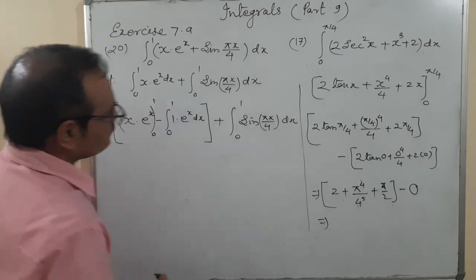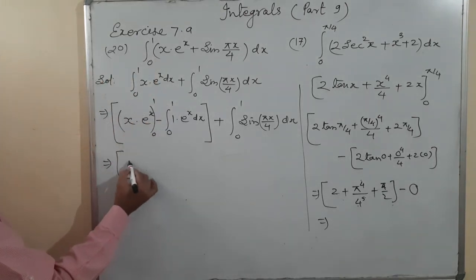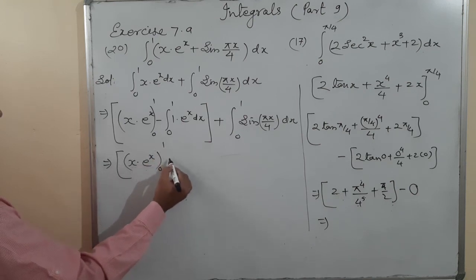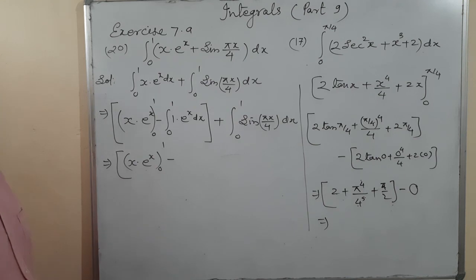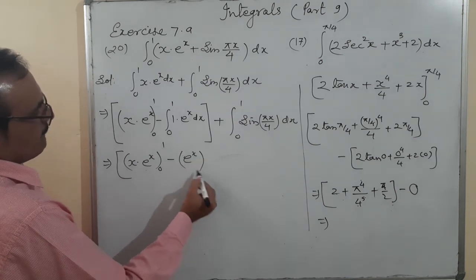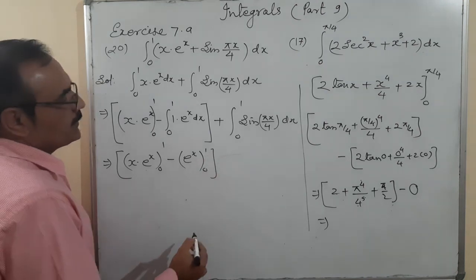Here we get x into e to the power x from 0 to 1, minus integration of e to the power x, which is e to the power x, from 0 to 1.